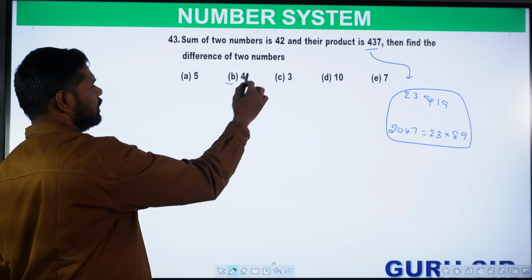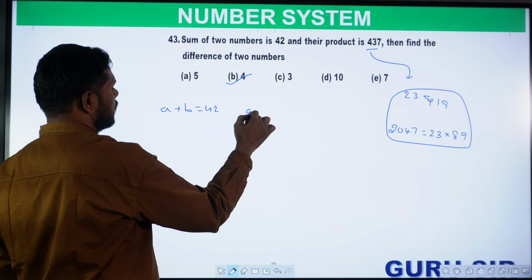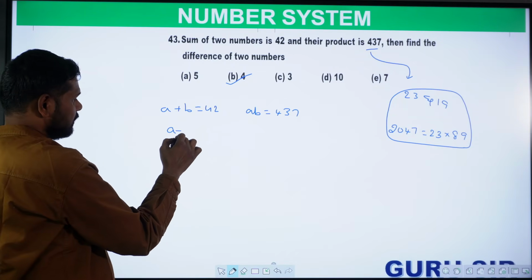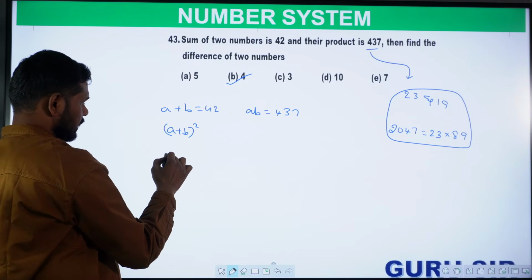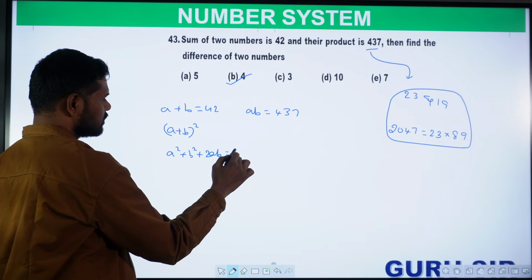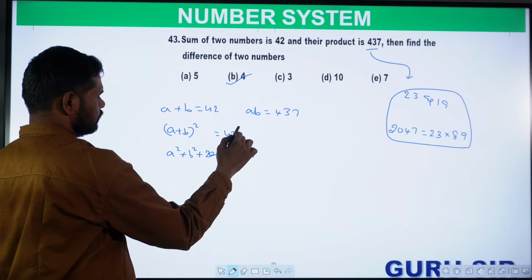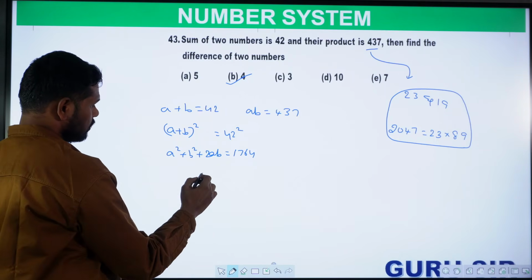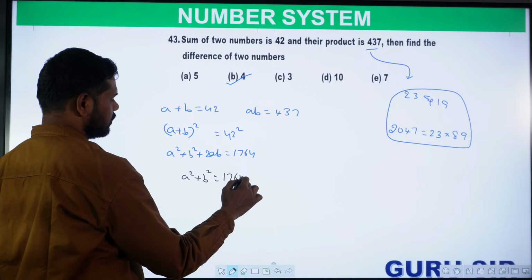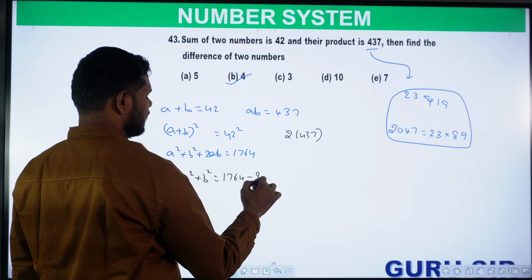Directly you give the answer. Otherwise, sum is 42, product is 437. So squaring A plus B whole square: A square plus B square plus 2AB equals 42 square, 1764. Now A square plus B square equals 1764 minus 2 times 437, which is 874.